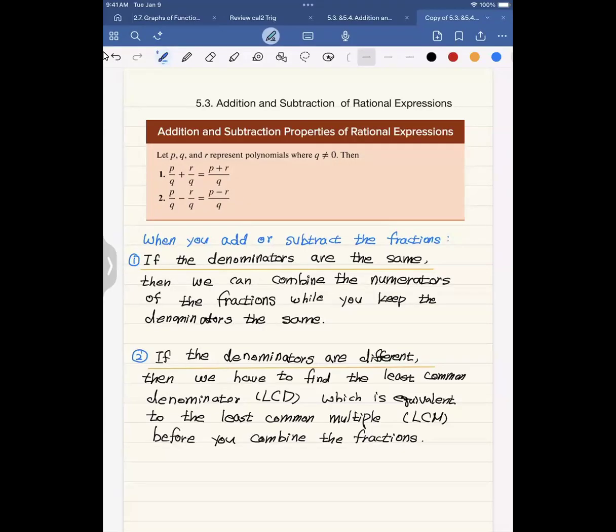In this section, we want to learn about how to add and subtract rational expressions. When we add fractions, if the denominators are the same, then we can leave the denominator the same and we can add or subtract the numerators.